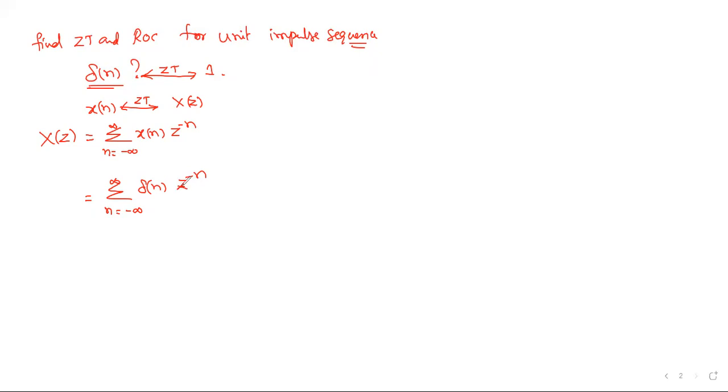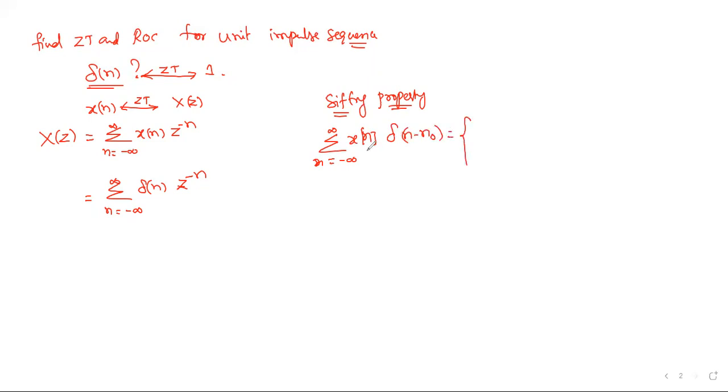Now we know that we have the shifting property. In the first class itself I told the shifting property. According to the shifting property, summation n equal to minus infinity to infinity x of n del of n minus n naught.